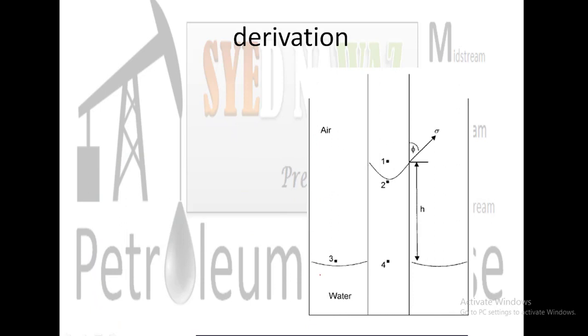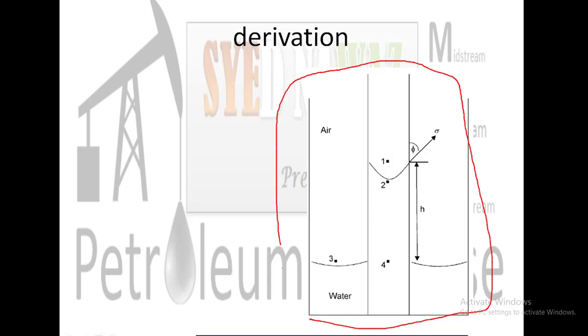So here you can see that you have a system in which you have two fluids, which are water and air. At this particular point 3, you have a lower meniscus, and it is because the cohesive force is larger than the adhesive force. So because of that reason you have a lower meniscus. It will be the same even if you include this test tube.